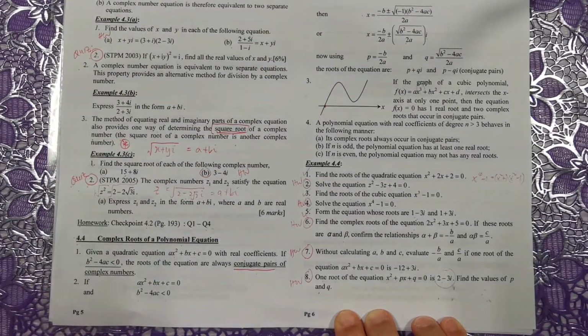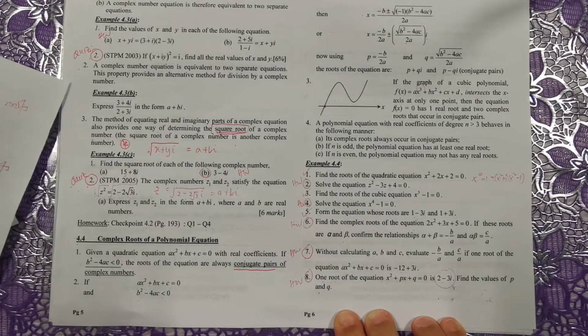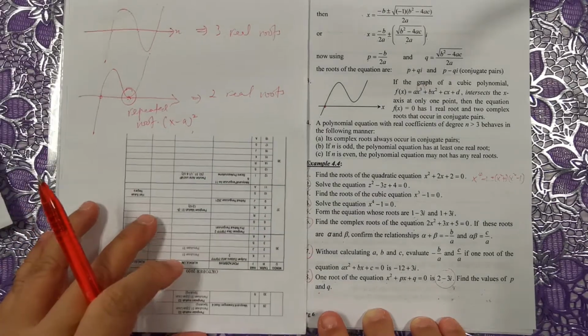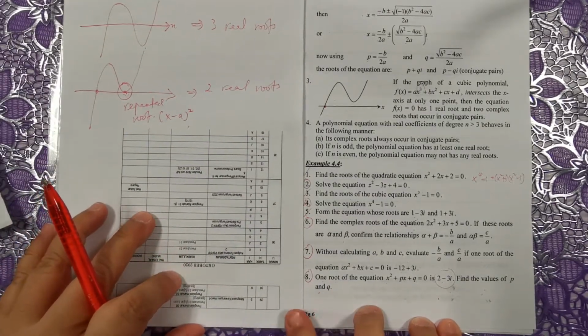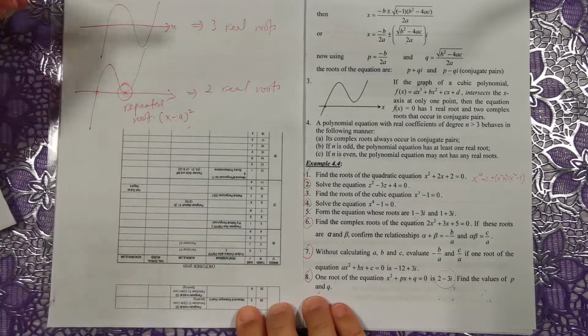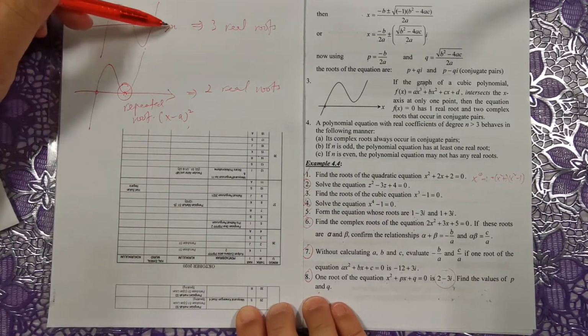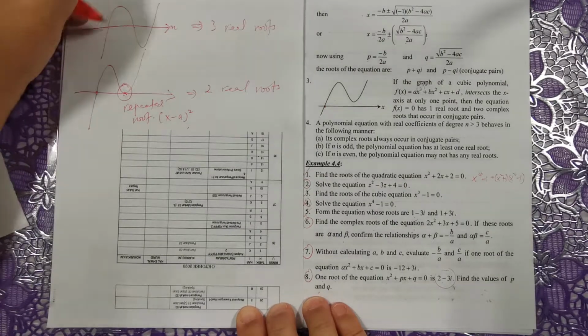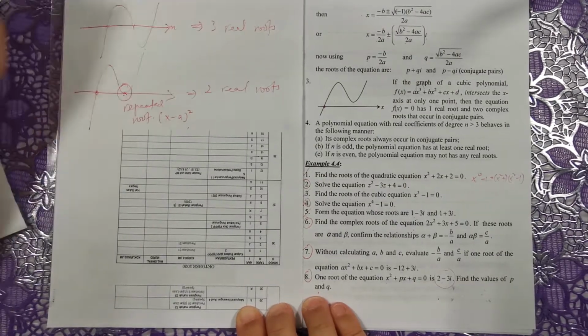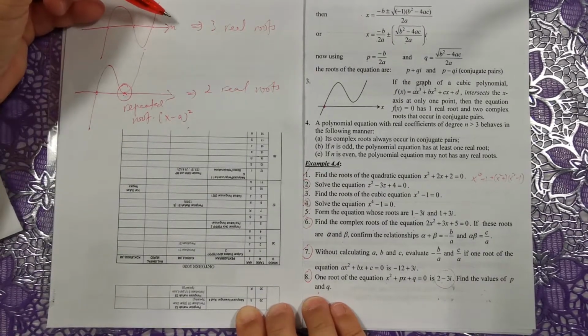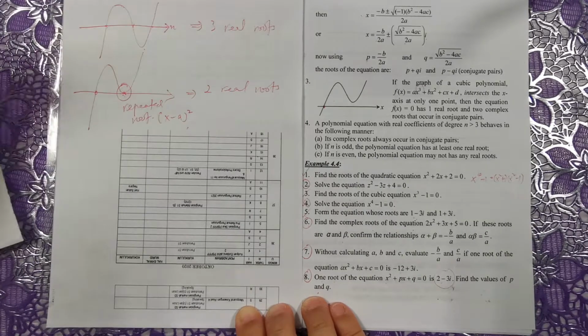Alright, then next is cubic. Still remember cubic? So for cubic equations, I hope you still remember the roots. It has three types of roots for cubic. Okay, one, if the curve of the cubic intercepts the x-axis at 3 different points, 3 different points like this, then we say this cubic equation has 3 real roots.